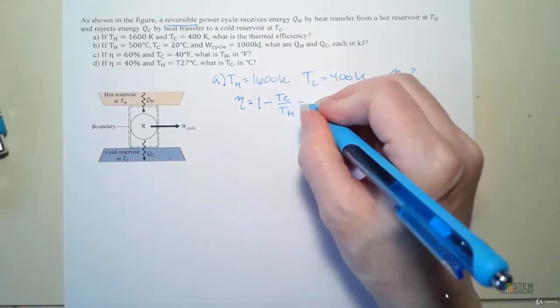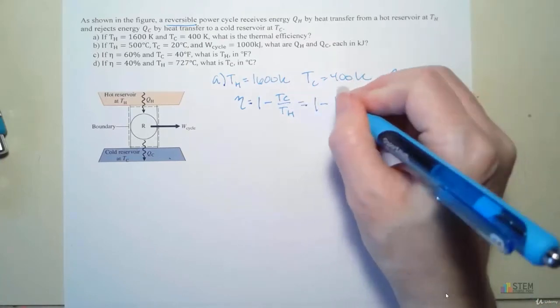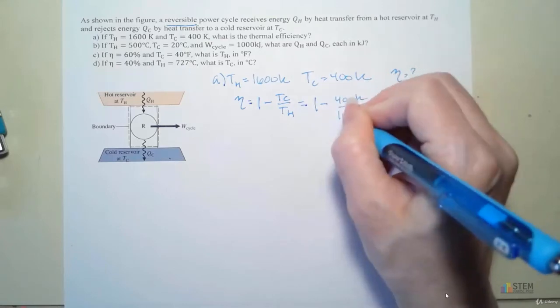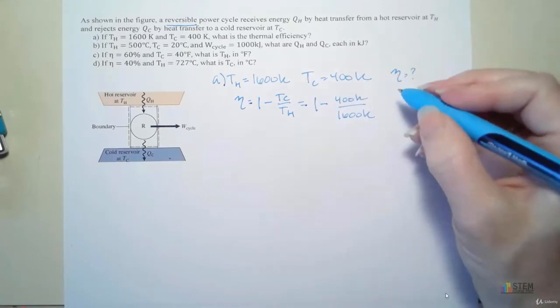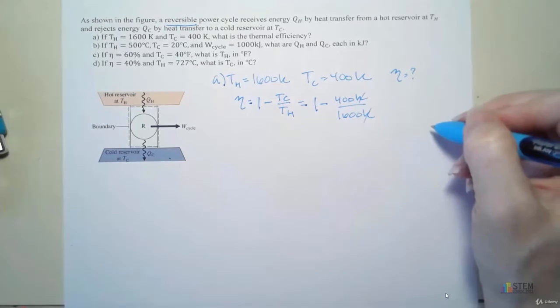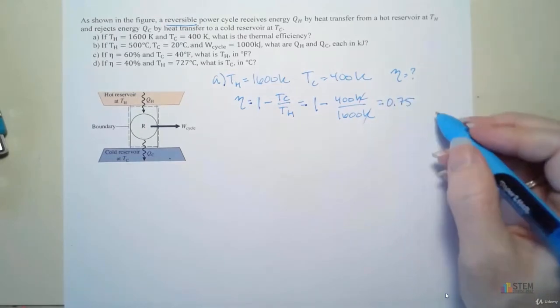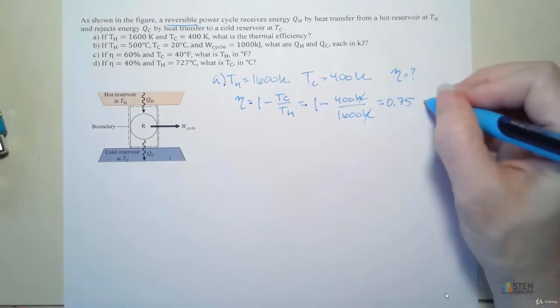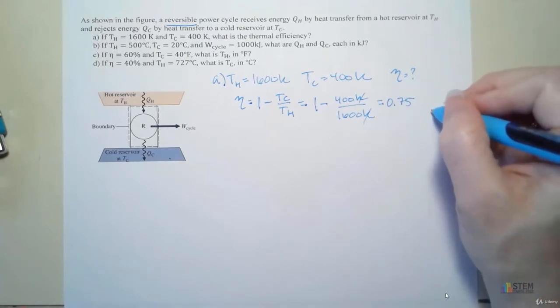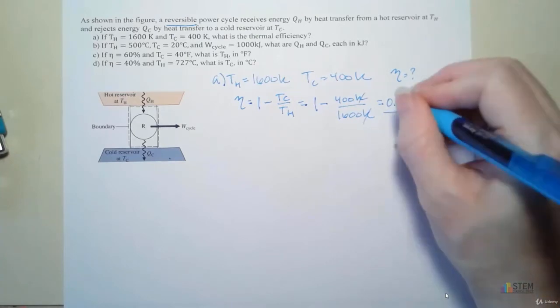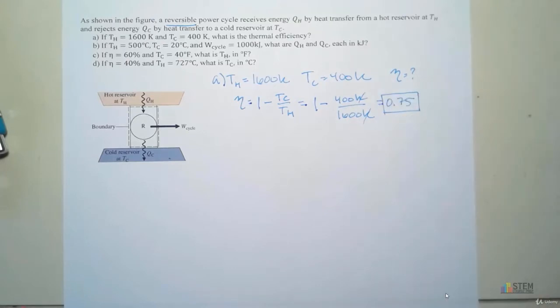So really easy calculation. We just do 1 minus 400 Kelvin over 1600 Kelvin. Notice the units cancel out. And we get 0.75. You could also write that as 75%. So this would be your thermal efficiency. So it's got an efficiency of 75%.